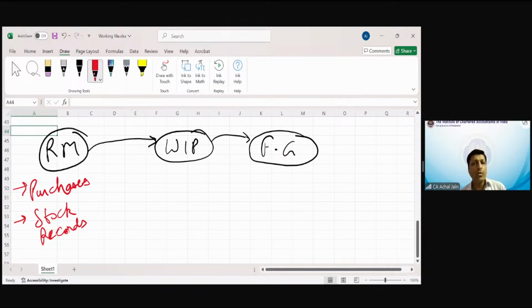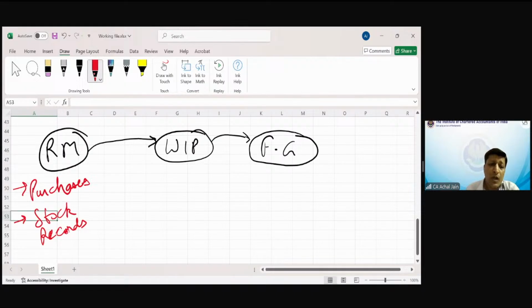Will that be a problem? No, it's up to the management. If they are keeping the stock higher than necessary, of course, this can always be a suggestion. But as far as audit is concerned, this is not a problem. Okay. But yes, valuation is important.